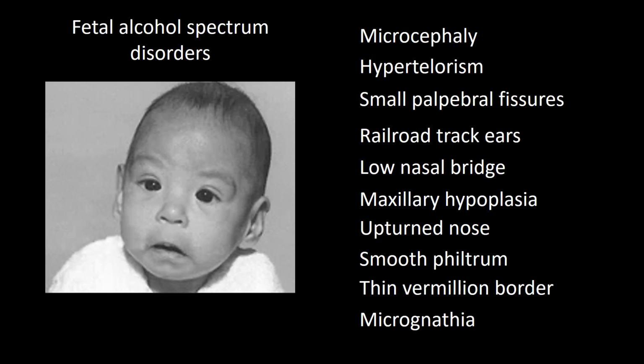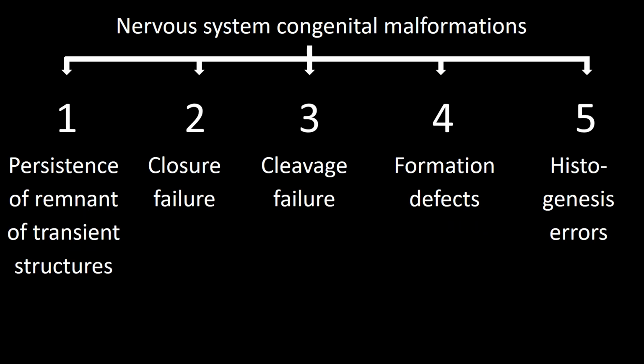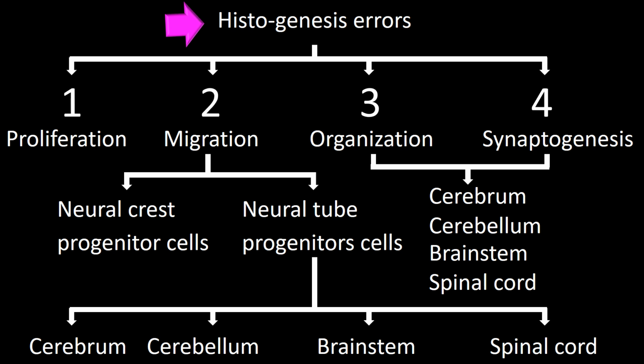Now I will go back to the patient with fetal alcohol spectrum disorder to tell you that nervous system malformations in patients with fetal alcohol spectrum are not restricted to cleavage failure producing holoprosencephaly, or formation defect producing agenesis of the corpus callosum, but also include histogenesis problems such as proliferation errors, cerebral migration errors, cerebellar migration errors, as well as organization and synaptogenesis errors in the cerebrum and cerebellum.